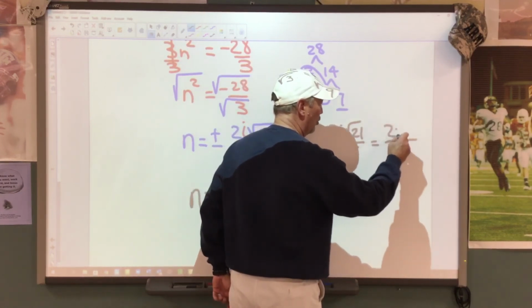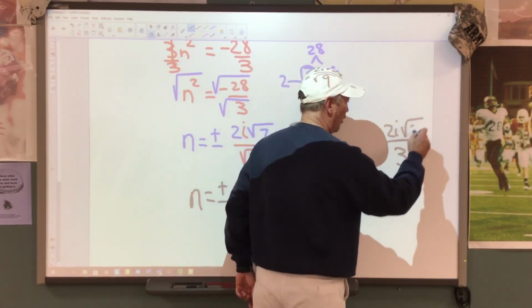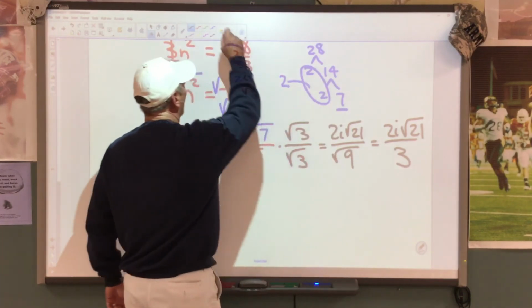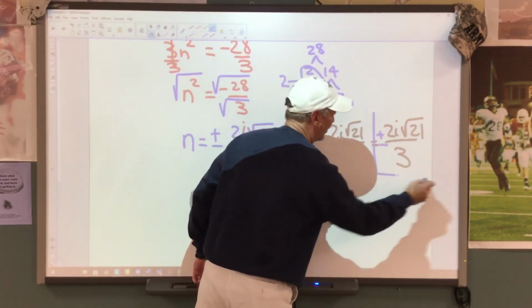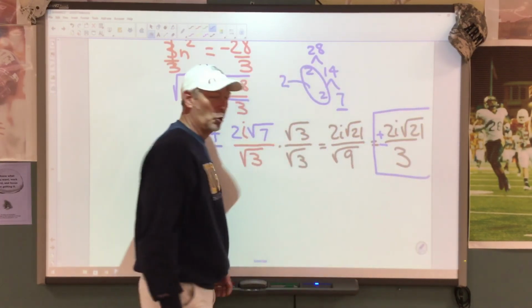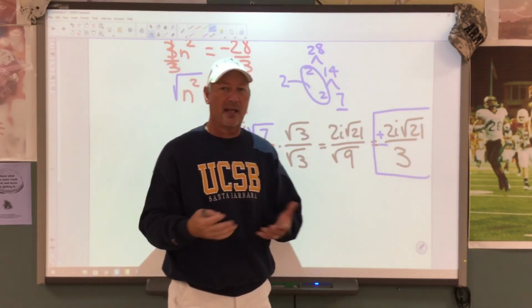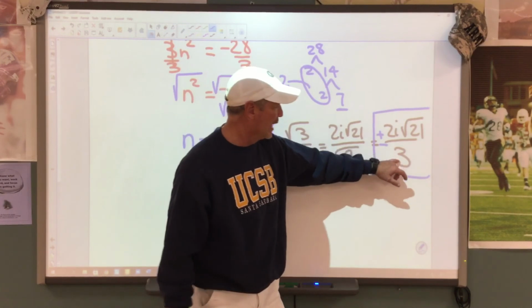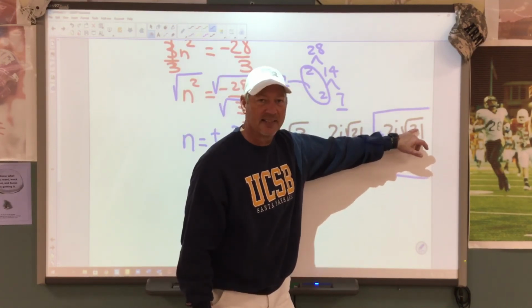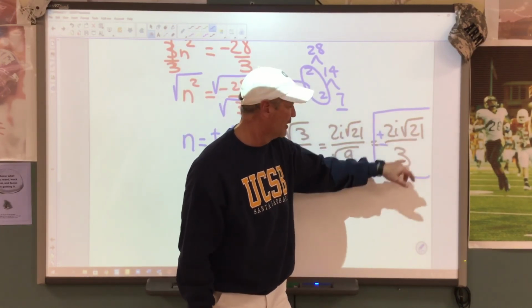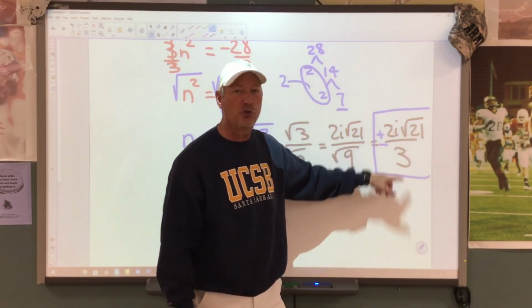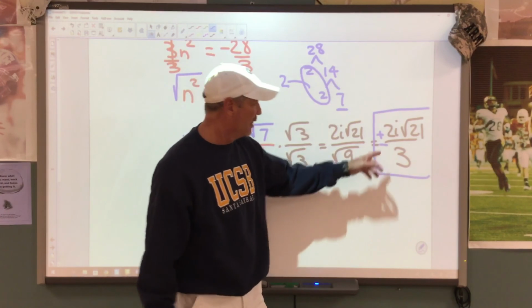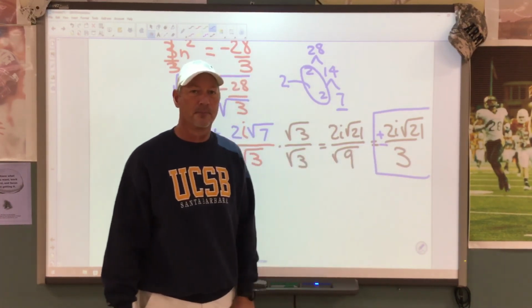That'll give me 2i square roots of 21. Remember, now this is going to be a positive negative. The question is, and you have to remember what the answer is, can you reduce something that is inside or underneath the radical symbol and something that is not? This is inside, this is outside. You cannot reduce that fraction. That would be your final answer.